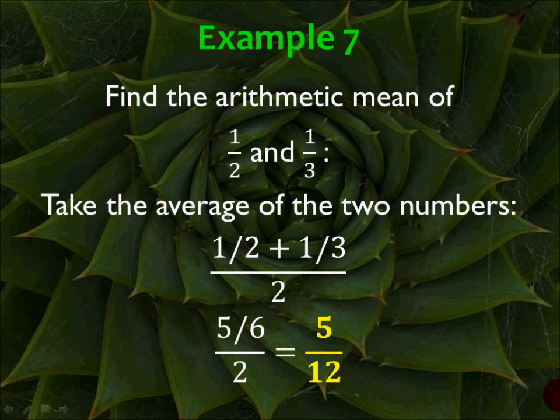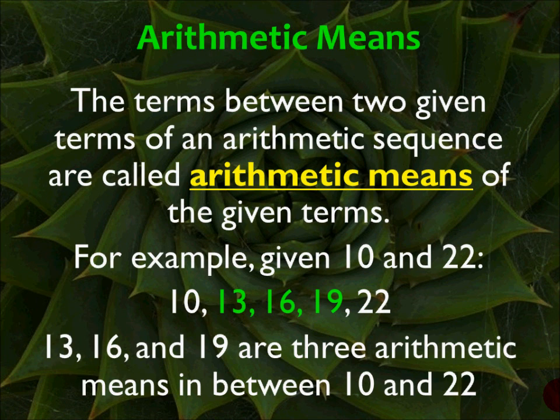Let's continue. The terms between two given terms of an arithmetic sequence are called arithmetic means of the given terms. For example, given the numbers 10 and 22, 13, 16, and 19 are three arithmetic means between 10 and 22. You notice that with those three, the differences between each of those five numbers are all equal.